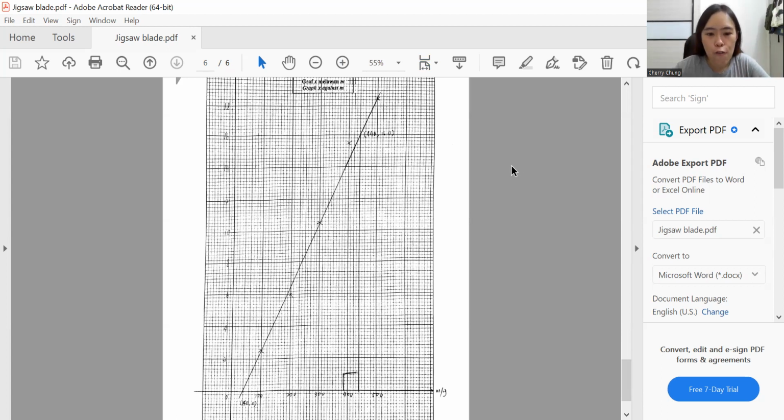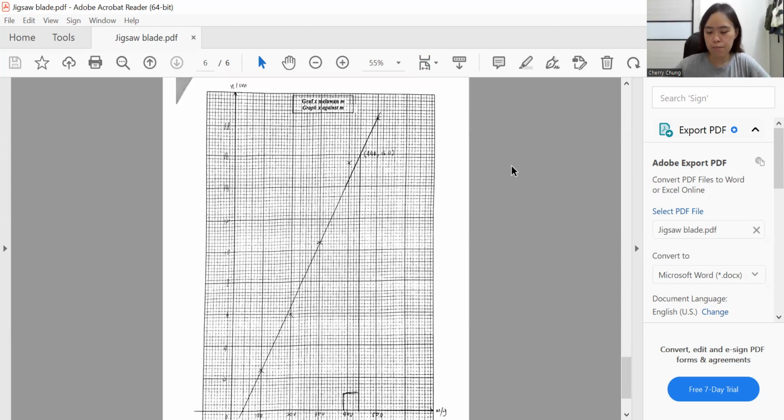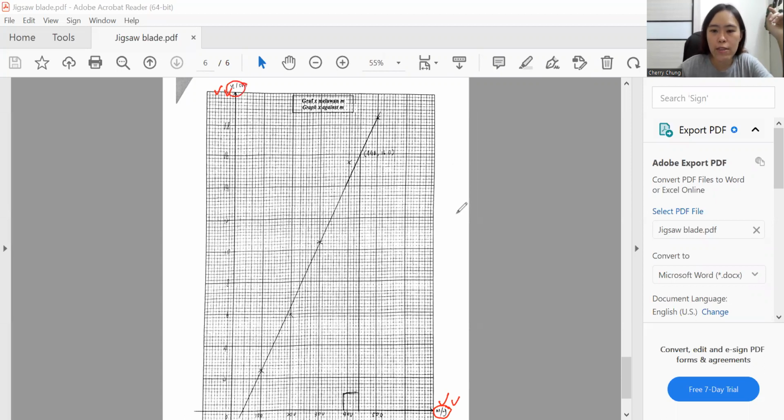They will give you 7 ticks in order for you to get full marks, 3 marks. The first mark goes to your axis, the label and the unit of your axis. You must label all correctly to get the first tick and the second tick.